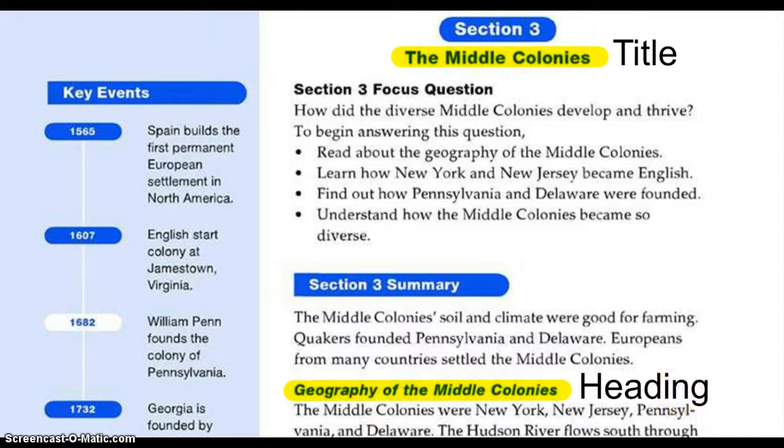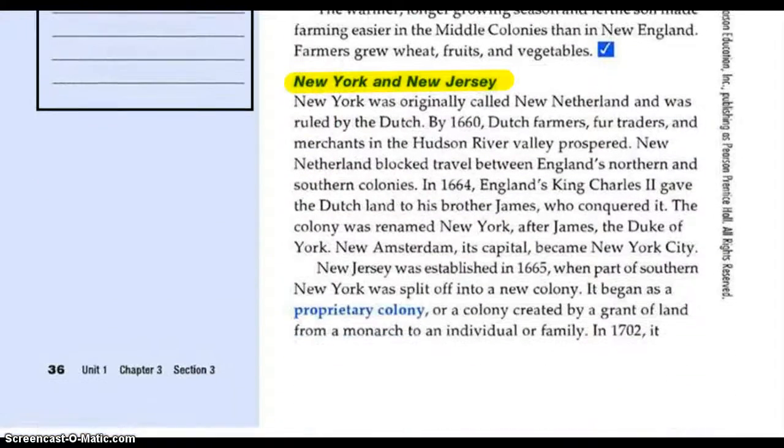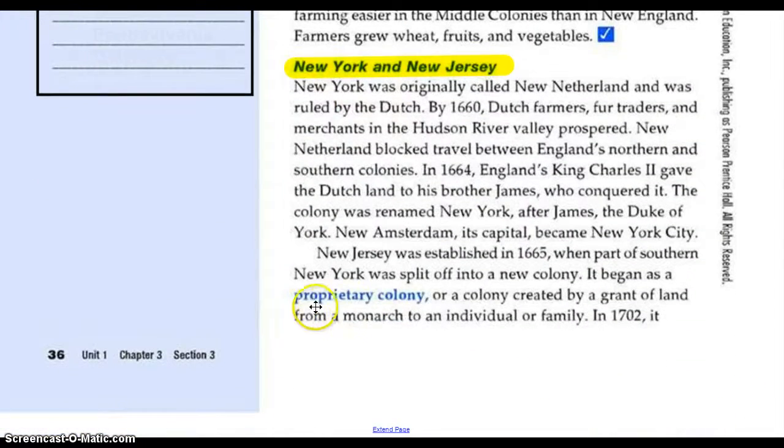In addition to titles and headings, there are often bolded words in a text, such as this one right here that says proprietary colony. The reason authors or textbook companies put bold words into a text, usually a textbook, is because they want you to pay attention to those words. They're important words that they want you to know.